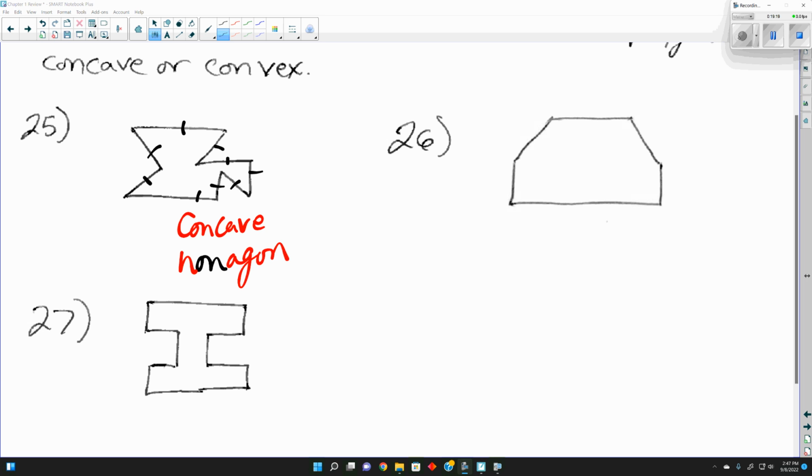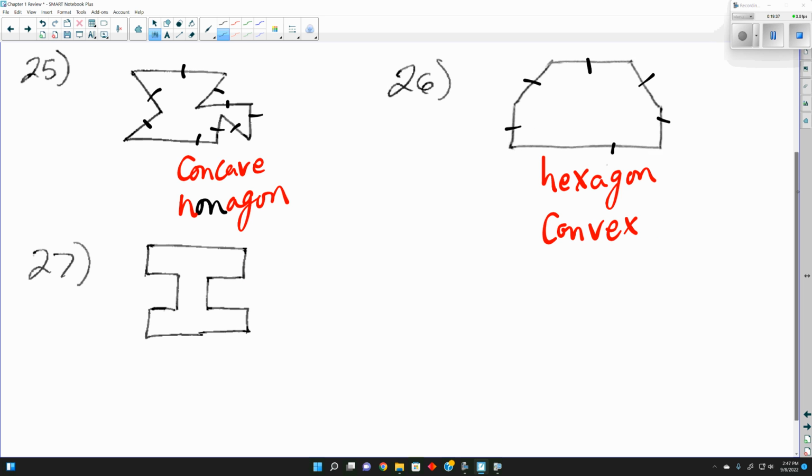So it's a nonagon, it's got 9 sides. How about 26? It's a hexagon. So 1, 2, 3, 4, 5, 6, and it is convex. And the last one, 27, is concave. 1, 2, 3, 4, 5, 6, 7, 8, 9, 10, 11, 12. Dodecagon.